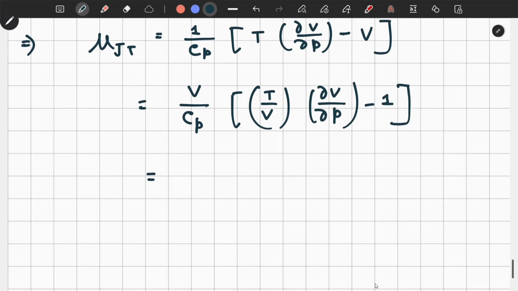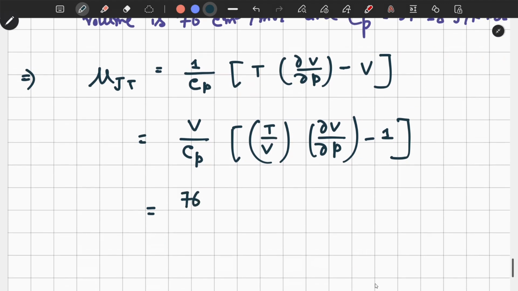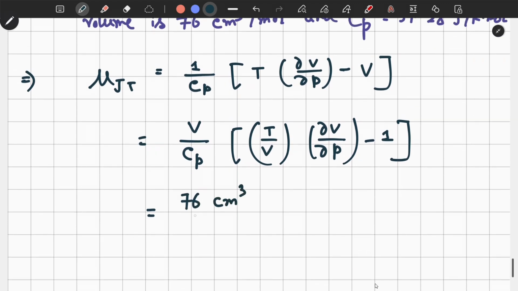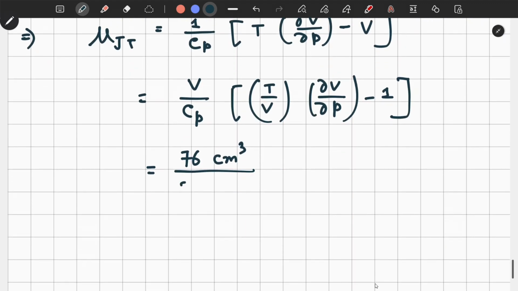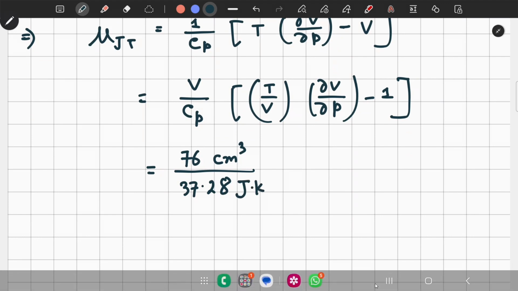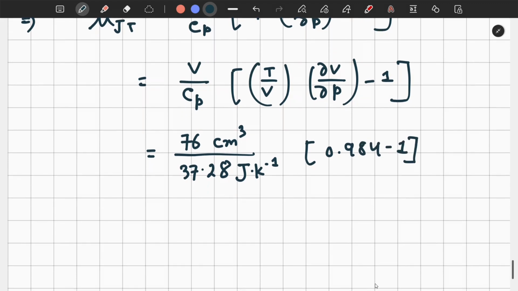So molar volume is given, that is 76 centimeter cube. Centimeter cube will be there, mole inverse will cancel out. Cp is 37.28 joule per Kelvin, and this will be unitless. This value is 0.984 minus 1, so eventually it is negative.